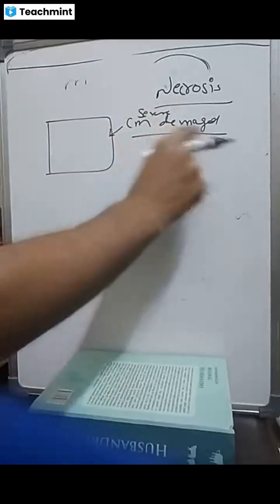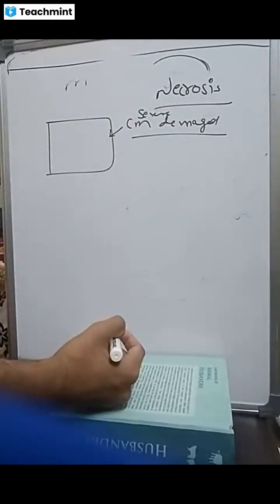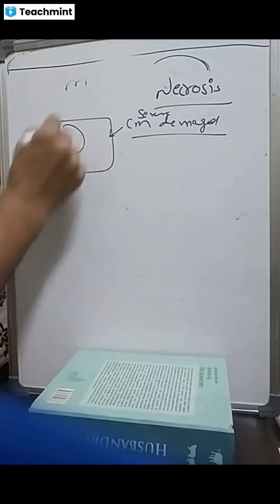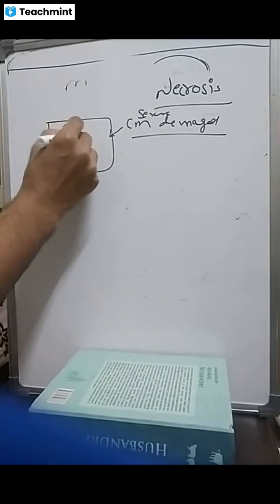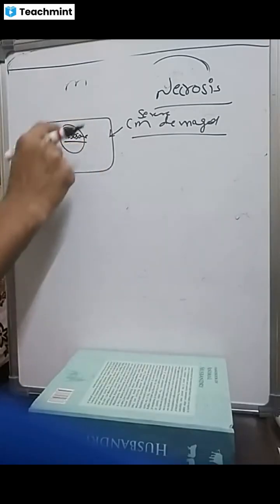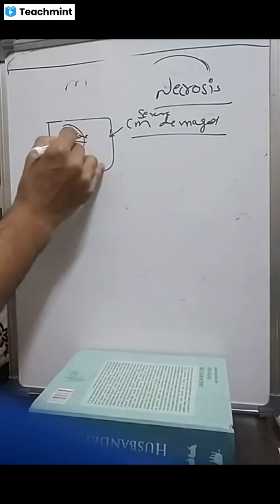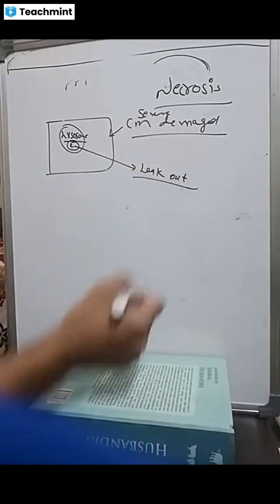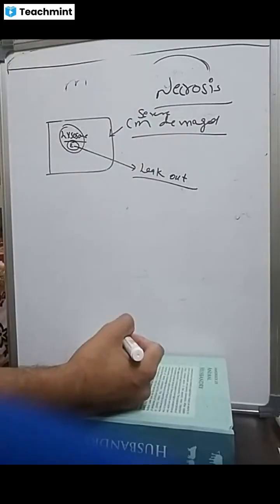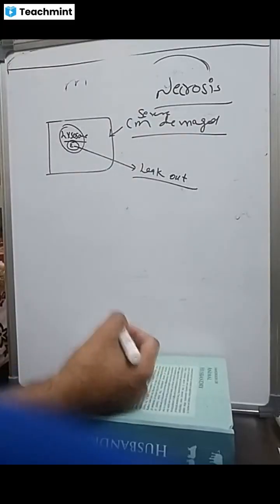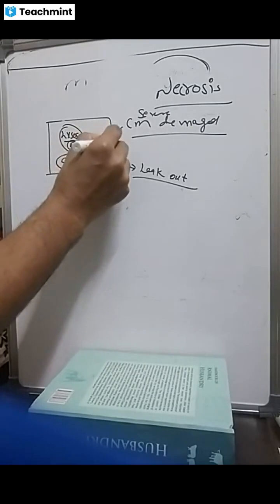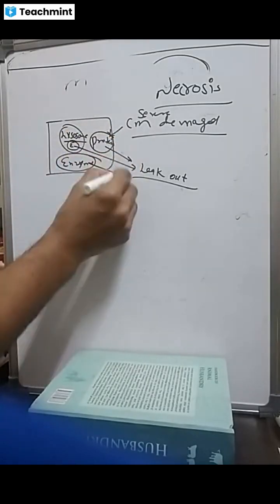Because of severe cell membrane damage, the lysosome membrane is also damaged. It is also a kind of cell membrane. So enzymes of the lysosome leak out, plus some enzymes or proteins also leak out.